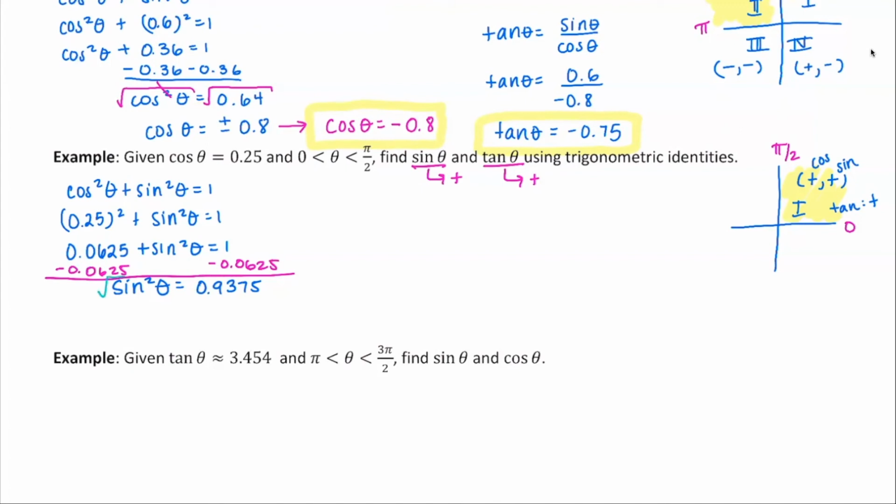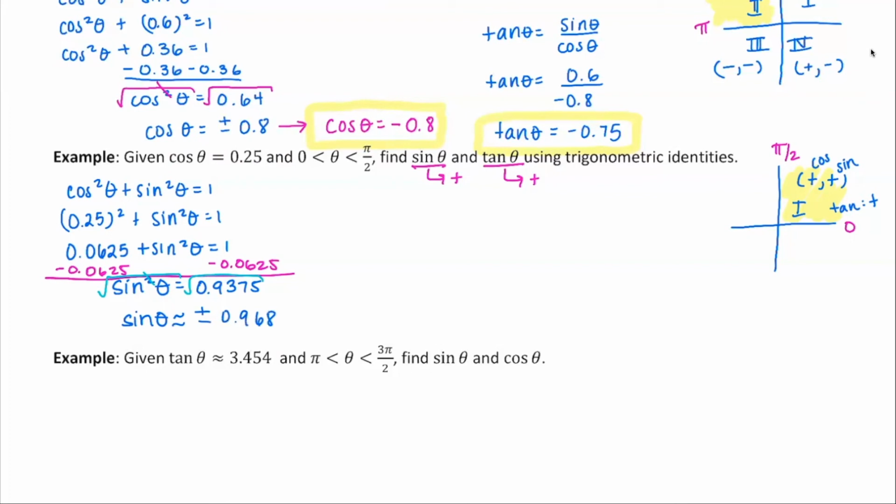And now I will square root both sides of my equation, which eliminates the square on my sine function. I have sine of theta is positive or negative the square root of my answer here, which is approximately, because I do have to round in this case, and I'm going to round to just 3 decimals, 0.968.